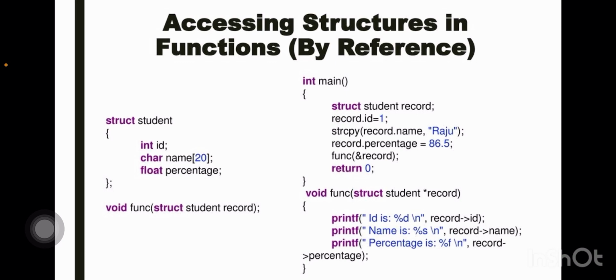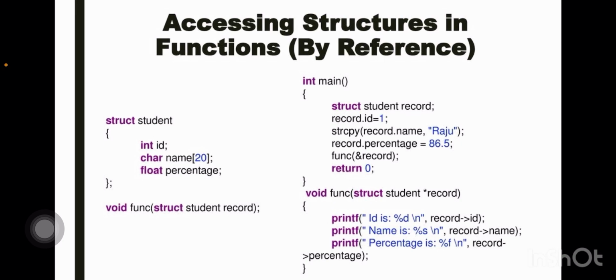Then in the next statement we are calling the function that is defined by us, that is func, and we are passing the address of the structure type variable, that is record, to this function. That means we are going to call this function by passing the reference of the structure variable.